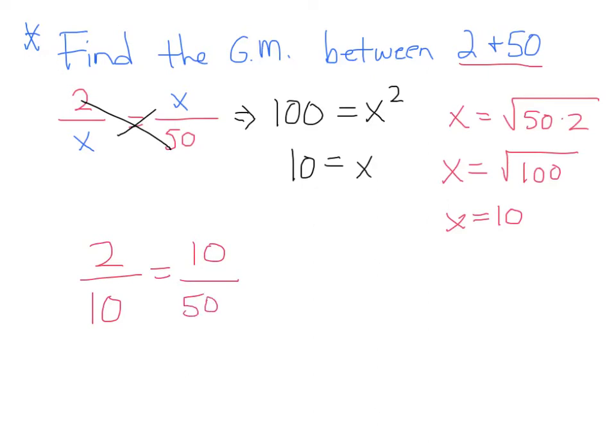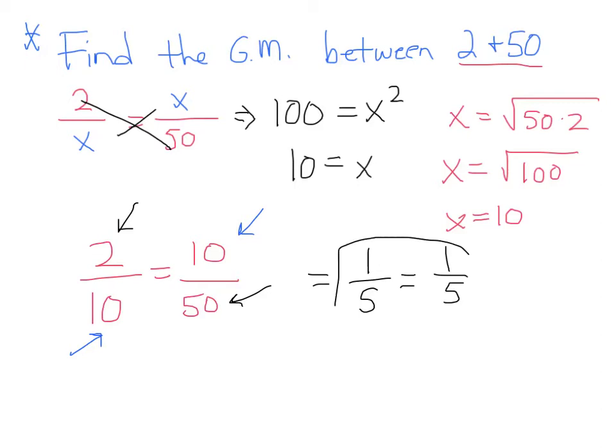So here are the two numbers we were given, and here is the geometric mean that we found. Well, is this true? It sure is. 2 over 10 would reduce to 1/5, and 10 over 50 would reduce to 1/5. So that number 10 makes that proportion true.